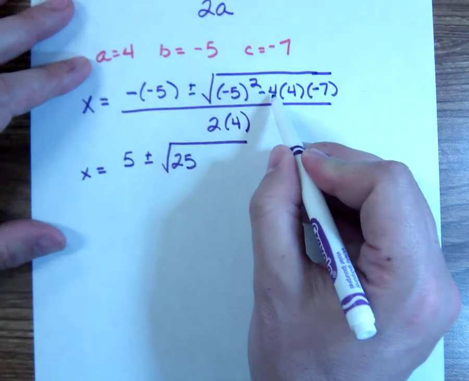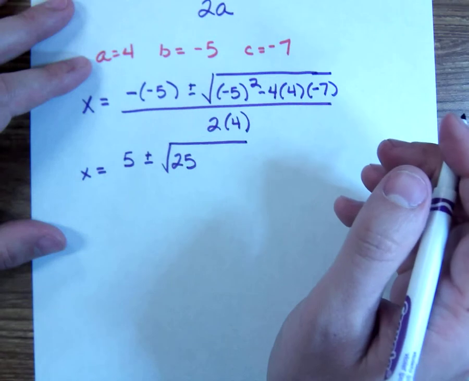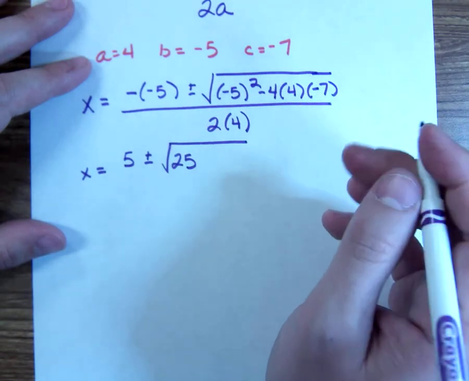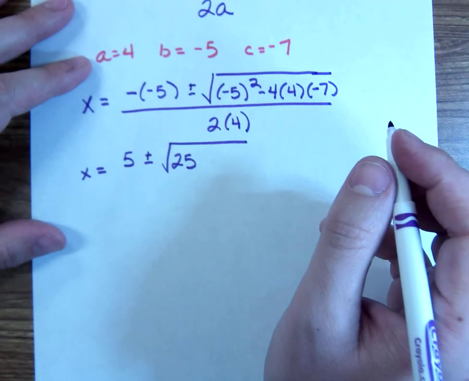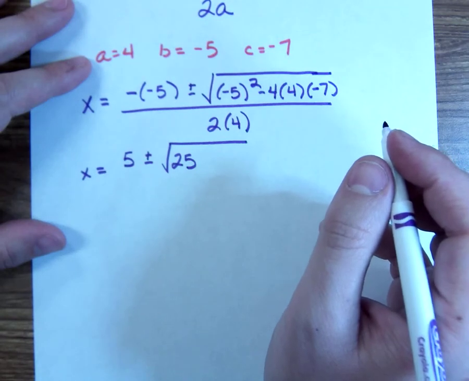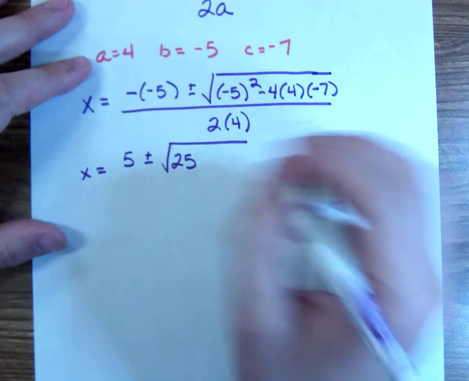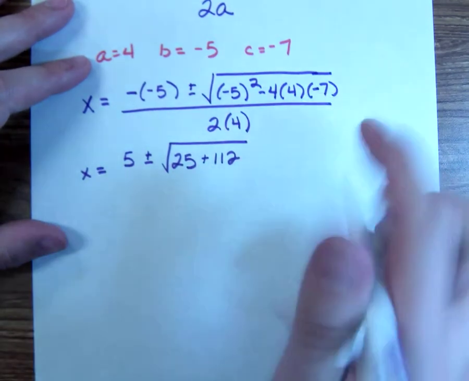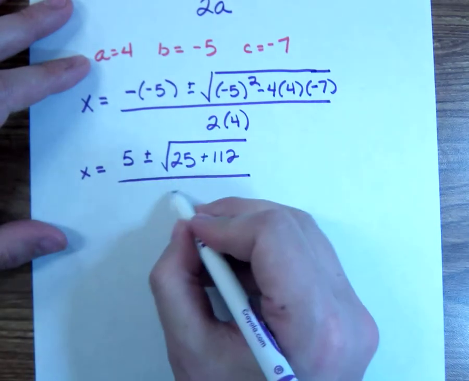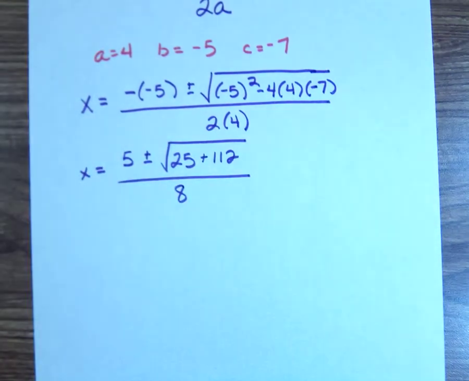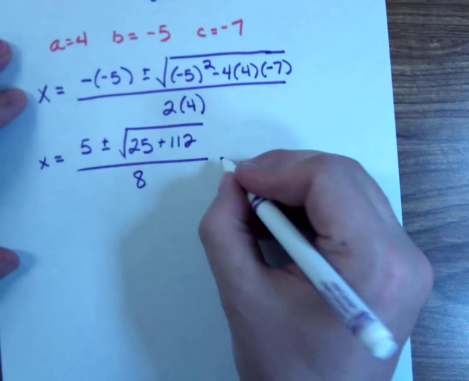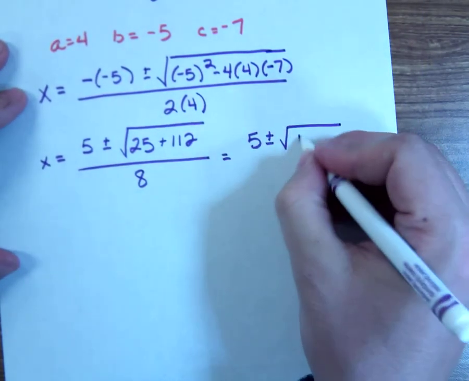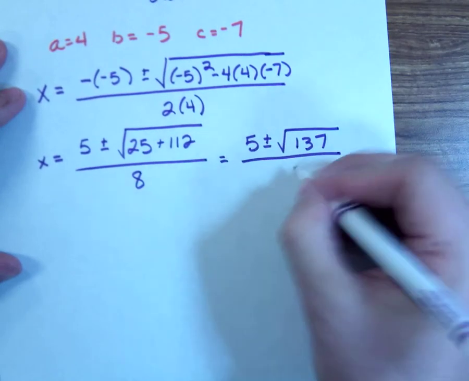Minus 4 times 4 is 16, and then 16 times negative 7 is negative 112, so it's really positive 112 because it was minus negative. All over 2 times 4, which is 8. Which means the thing in the parentheses is 5 plus or minus the square root of 137, over 8.